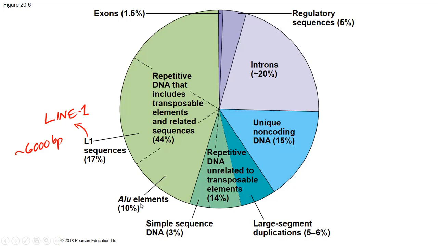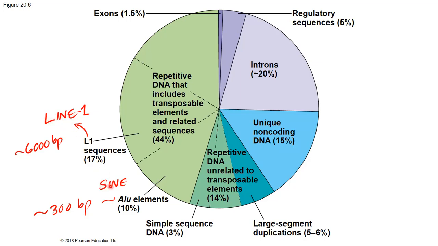These elements are repeated thousands of times within the genome, and each Alu element consists of around 300 base pairs. So sometimes they are called SINE. LINE stands for long interspersed nuclear elements.